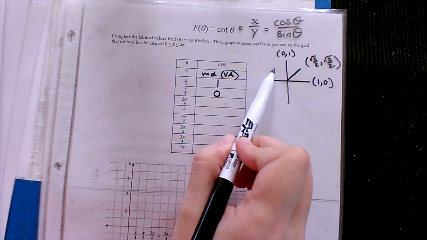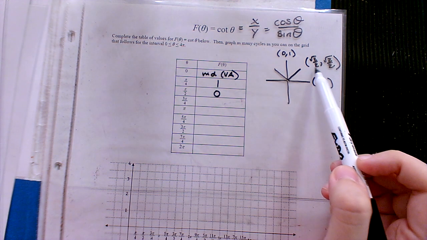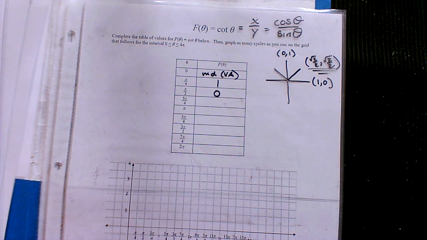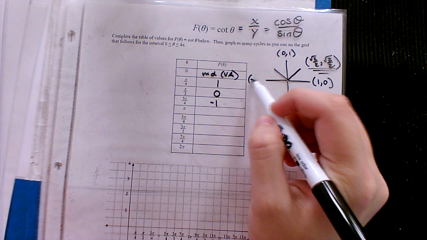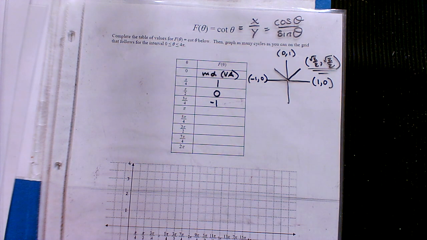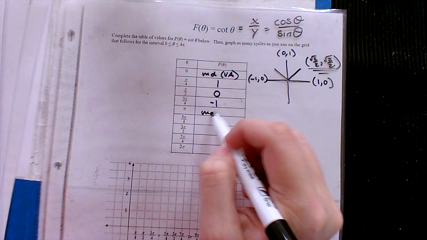All right, 3 pi over 4, middle of the second quadrant. We're going to have the same ordered pair as the first quadrant. We just got to be careful what's positive, what's negative. Yeah, negative 1. All right, pi, very leftmost point. X divided by y, yeah. Undefined.